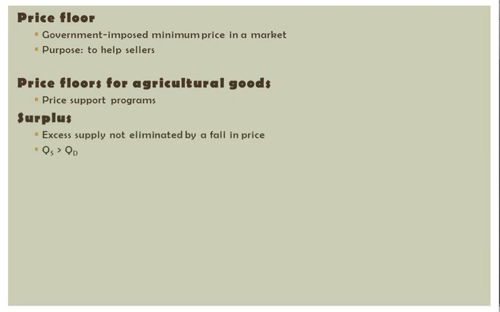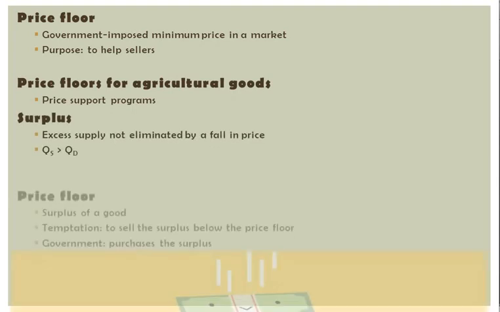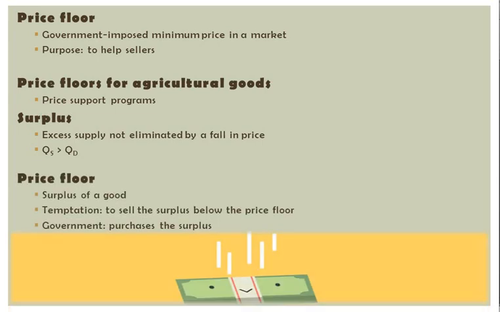Alright, so next we have the price floor. Yung price floor po ay kabaliktaran ng price ceiling. So, kung kanina, si government, nag-impose siya ng maximum price in the market, this time, minimum price na lang. So, the purpose is to help the sellers. So, the price floors for agricultural goods. So, kapag po nagkakaroon tayo ng price floor, dito po nagkakaroon ng support system when it comes to our agricultural products.